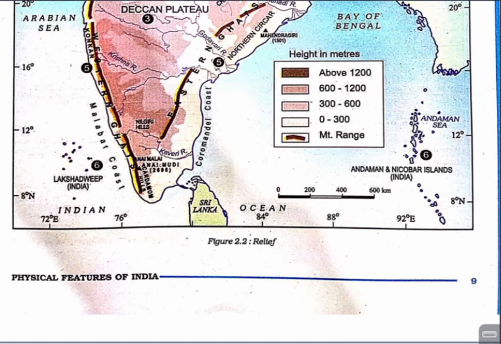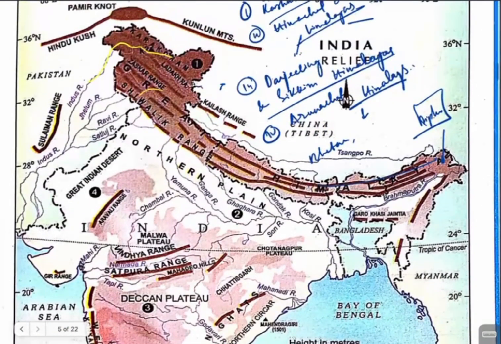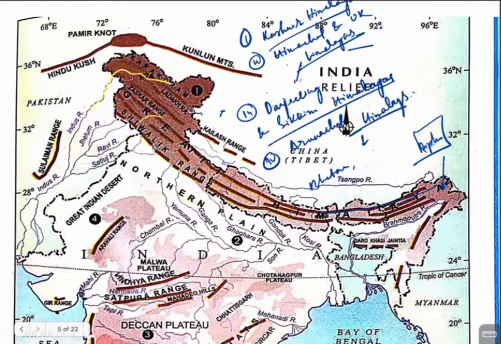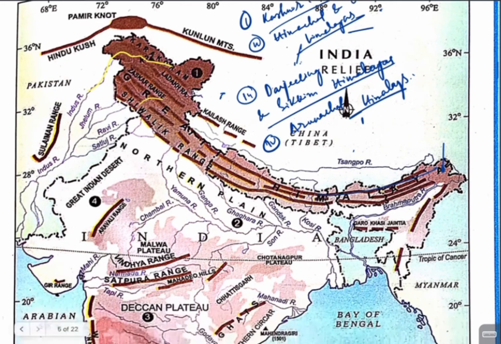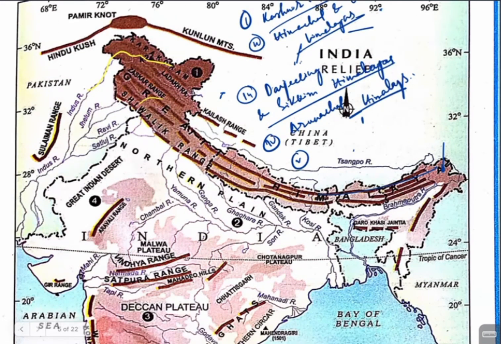Now we've talked about four types of hills: Kashmir Himalayas, Himachal and Uttarakhand Himalayas, Darjeeling and Sikkim Himalayas, and Arunachal Himalayas. Now the fifth type of subdivision of the Himalayas is the Eastern Hills.